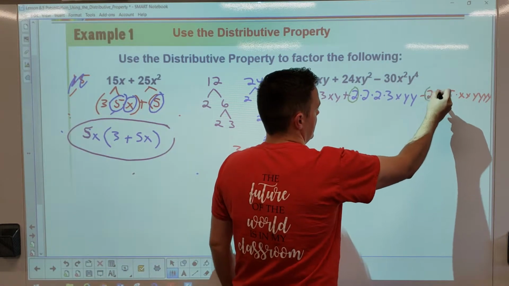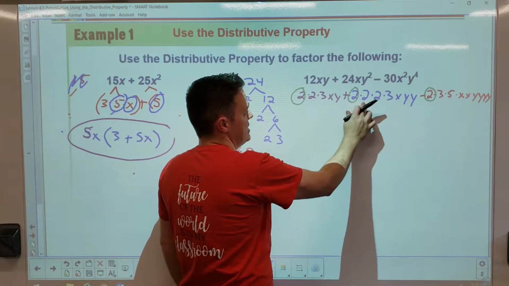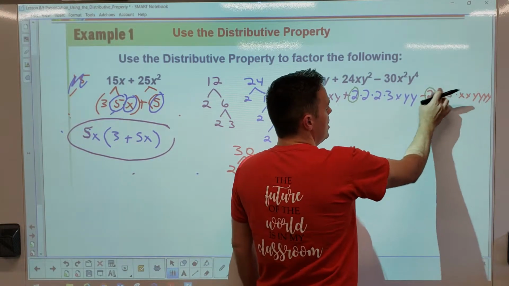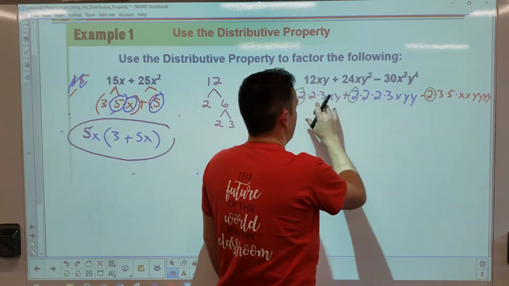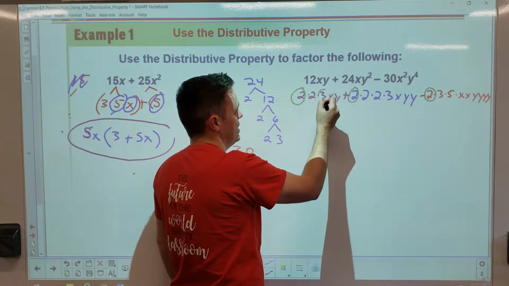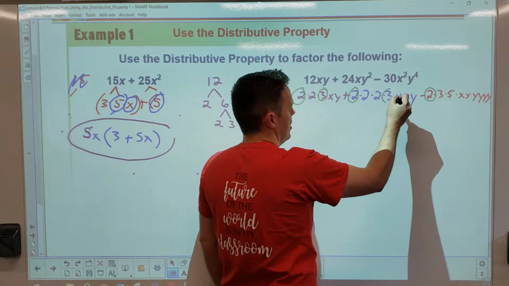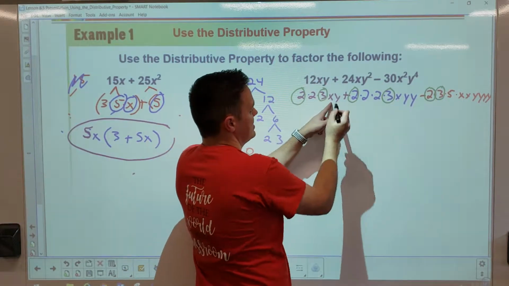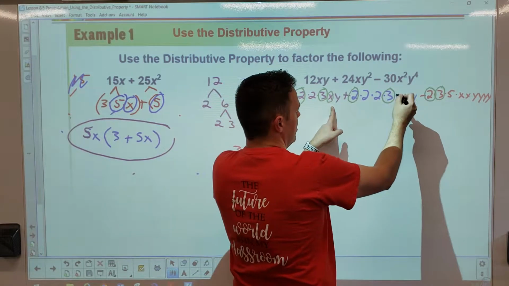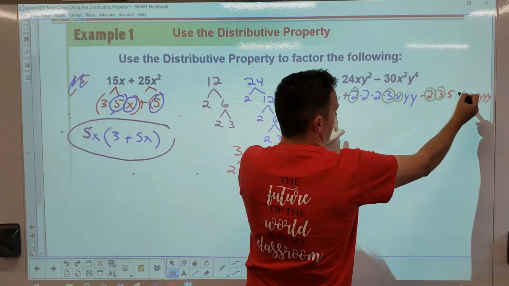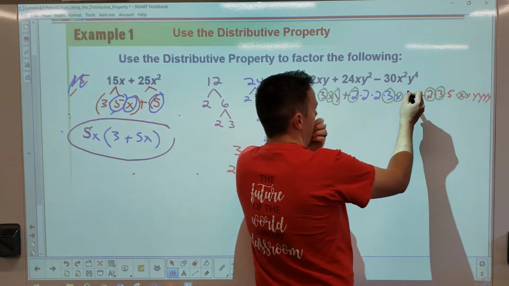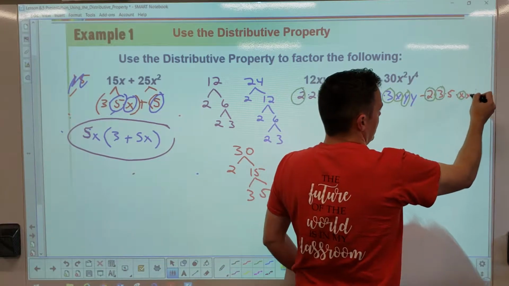If I go a 2 again, this one shares a 2, this one's a 2, but there's no 2 here, so we can't share another 2. If I go 3, there's a 3 here, a 3 here, and a 3 here. If I do an x, I have 1 here, 1 here, and 1 there. And then a y, I do have a y here, here, and here.